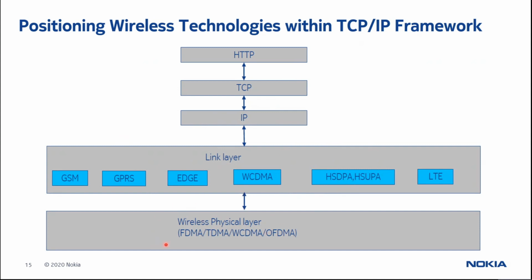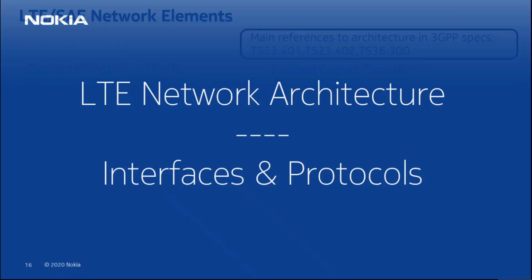The underlying access technologies that you have, frequency division multiple access, time division multiple access, WCDMA or OFDMA, this is basically the air interface technology in LTE. They're all part of the physical layer. And then you have the networking layer, the transport layer, and the application layer. So it is generalized. The 7-layer model is getting culminated into a 5-layer model here.